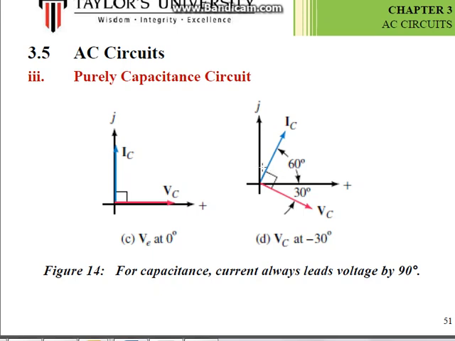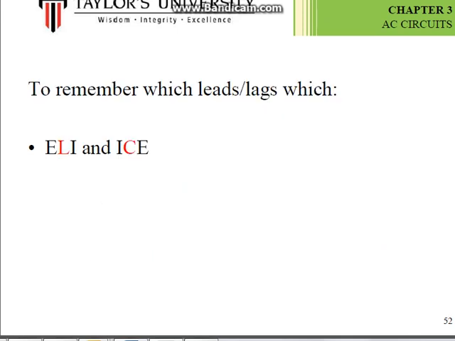Because I always know that for purely capacitance circuit, my I will lead my V by 90 degree. So it can be of this shape, it can be of the other shape. Let's say if my V is 20 degree for example, then my I will eventually be 70 degree difference. You just know that these two summed up together will lead to 90 degree in total. That's what's important here.